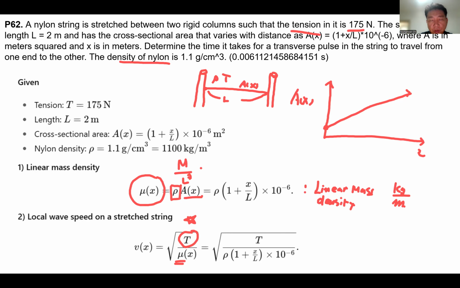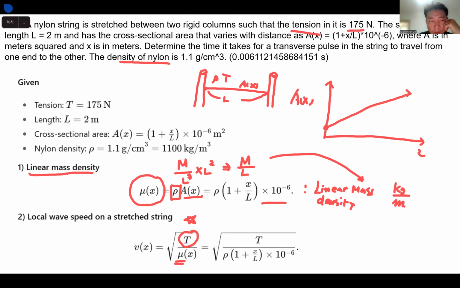Area is length squared. Then we get mass divided by length, which is this one. So we get a position-dependent linear mass density given like this.